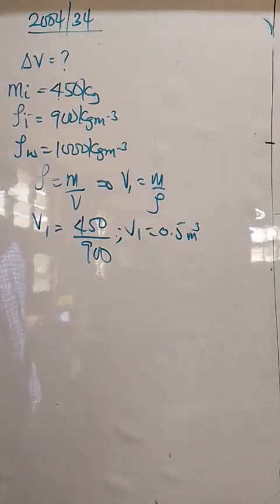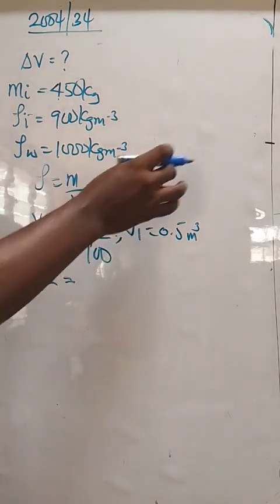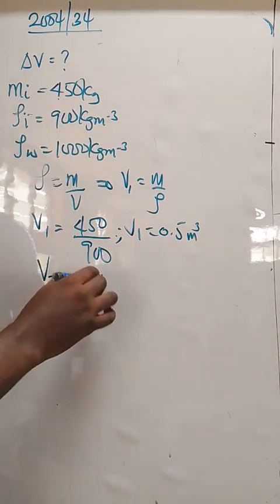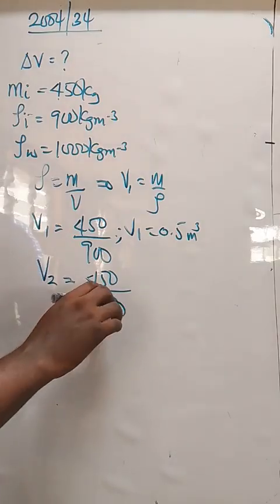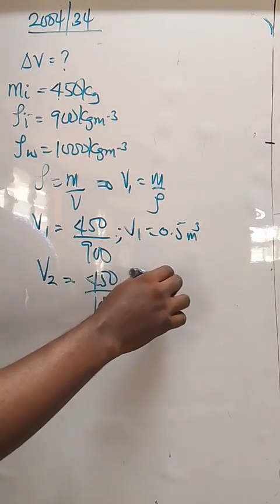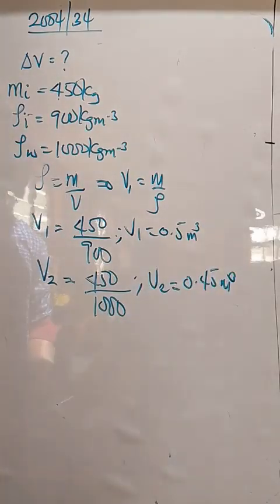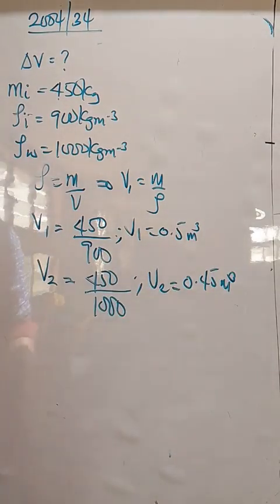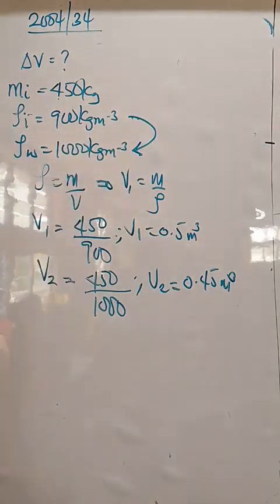When the ice melts to become water, the volume of water, let's call it V2, equals, with the same mass because 450 kg of ice will turn to 450 kg of water, over the density of water, 1000. So from here, our V2 becomes 0.45 meter cube. What you notice? The volume decreases because the density increases, from 900 to 1000.